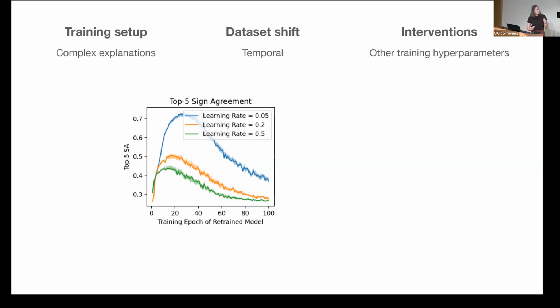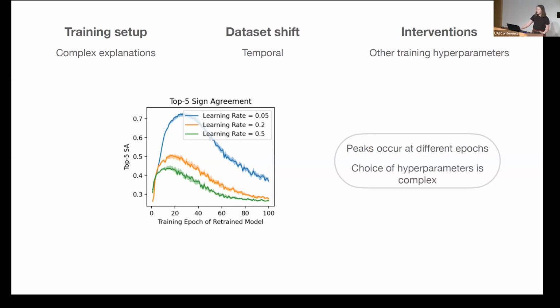So what this graph shows, on the x-axis, it's the number of epochs we've trained for, and on the y-axis, it's that sign agreement score. So a high score is better. The first thing we note here is that the maximal explanation stability occurs at different epochs, depending on which learning rate you use, where the learning rates are the different lines on the graph.